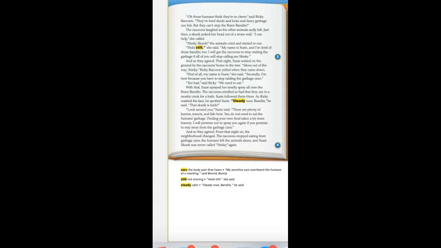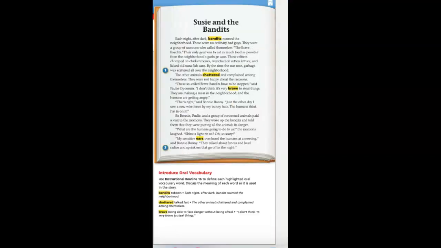And so they agreed. From that night on, the neighborhood changed. The raccoons stopped eating from the garbage cans. The humans left the animals alone. And Susie Skunk was never called Stinky again. What a great story about Susie and the bandits.